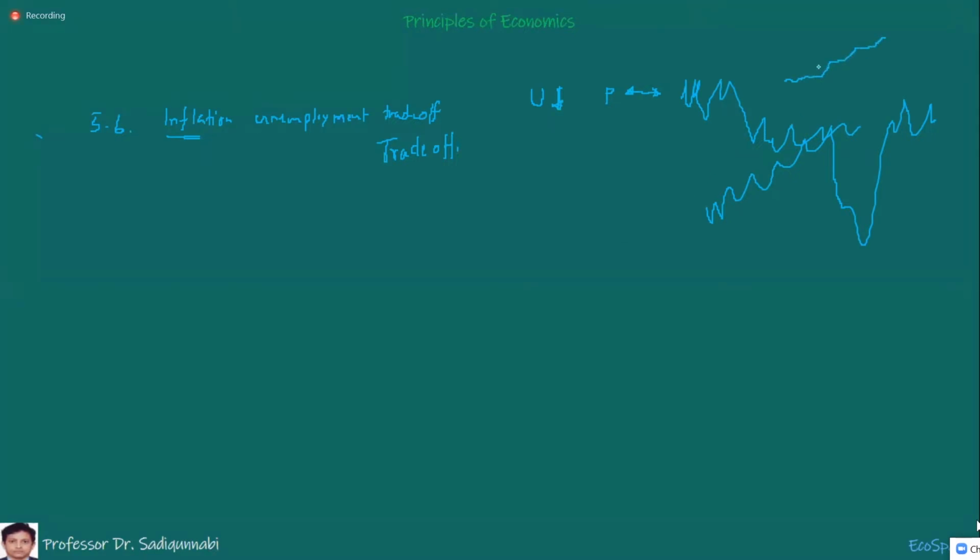So this is stability in price. So this headline says that there is a trade-off between inflation and unemployment. That means if you want to reduce unemployment, you must tolerate some inflation.